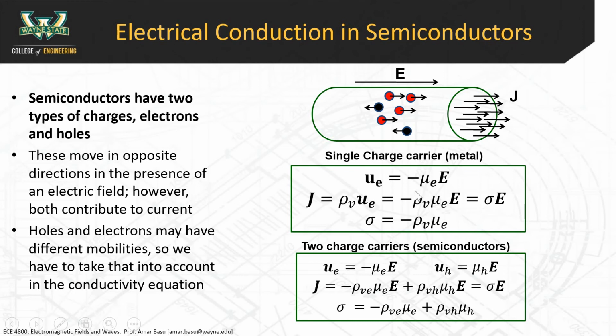So to make it simple, so that you don't have to know these two constants for the materials that you're working with, we lump both of these constants into a single parameter called the conductivity, sigma. So sigma, for a single charge carrier, is equal to rho v times the mobility mu.